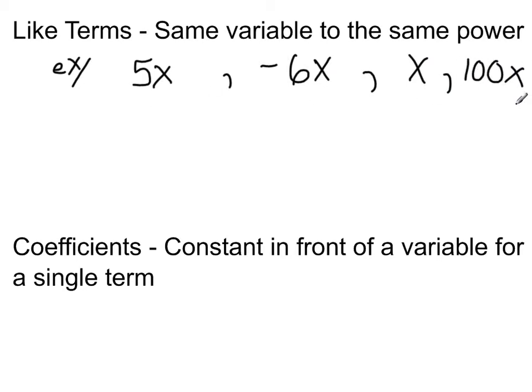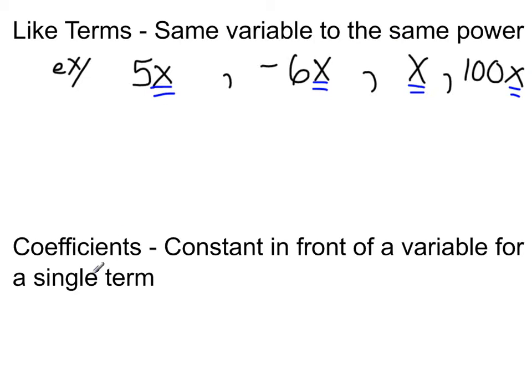All of these are like terms. It doesn't matter what's in front of the variable. What's important is that each variable here is exactly the same to the same power. So this is x to the first, x to the first, x to the first, x to the first. Alright, they're like terms. Whatever's in the front is indifferent to us.